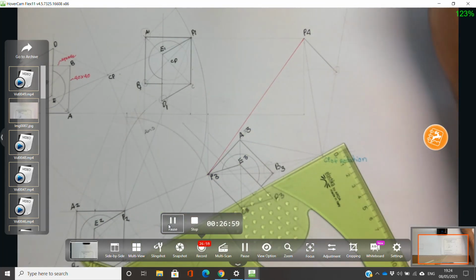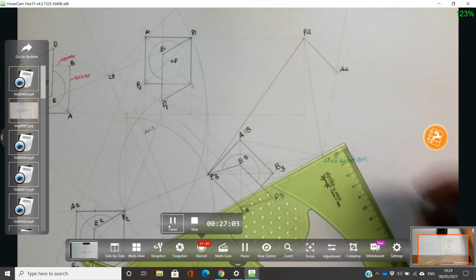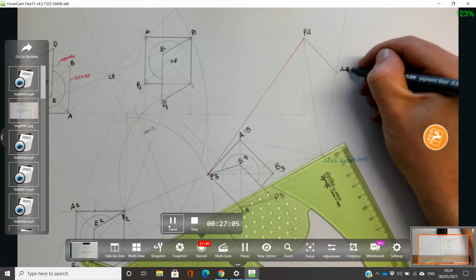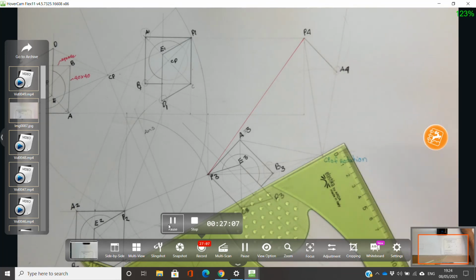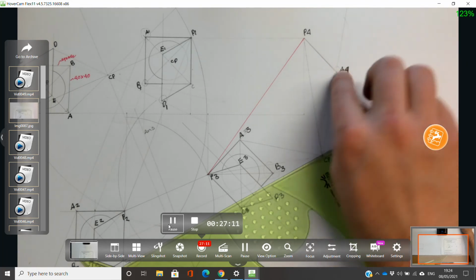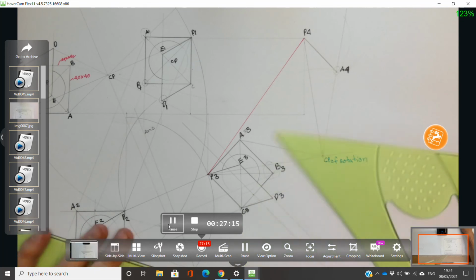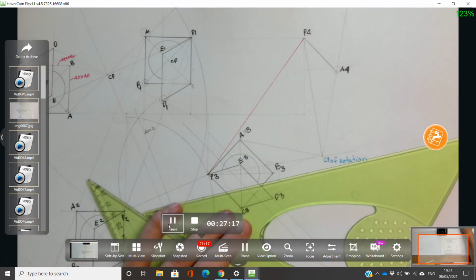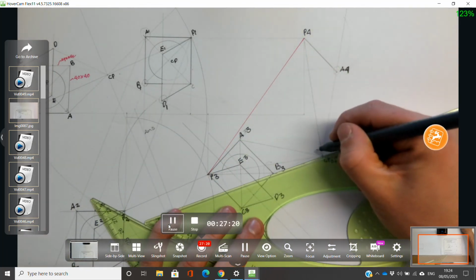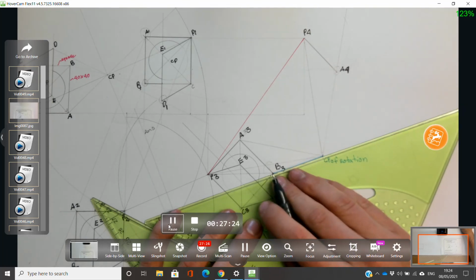So there's A4. Now let's get an idea of where B3 is going to be. Roughly, are we going up this direction or down this direction? That's what students need to get an idea of. So I'm going to join B3 to the center point of rotation, and draw a line at 90 degrees to that blue line.